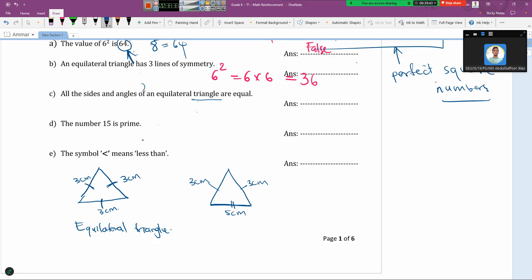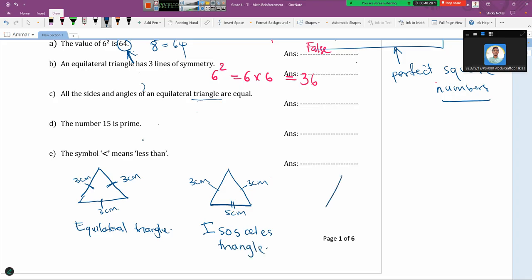How can you call this triangle? Can you recall the name of this type of triangle? Isosceles triangle, right? So this is the spelling. Isosceles triangle. If you want, you can mark.